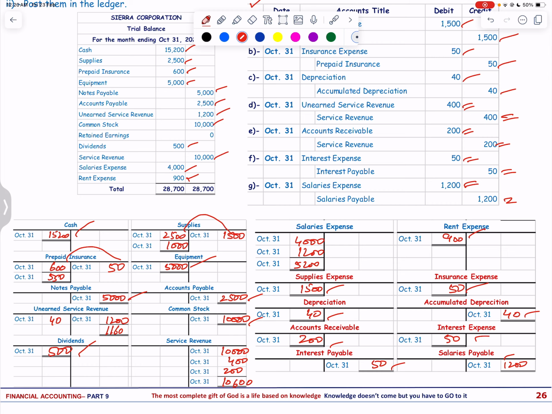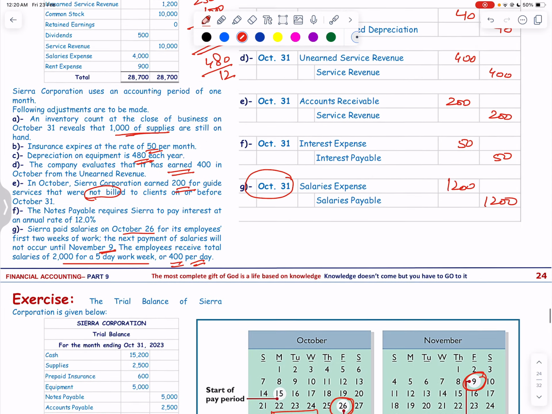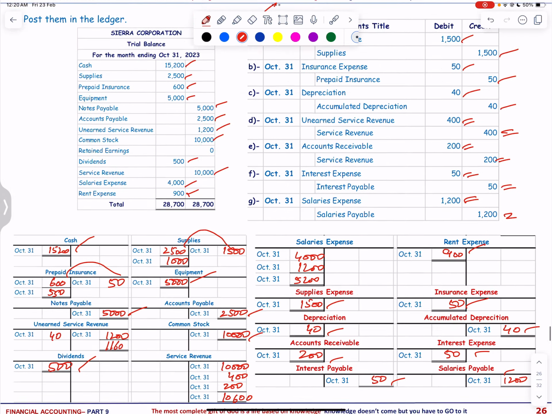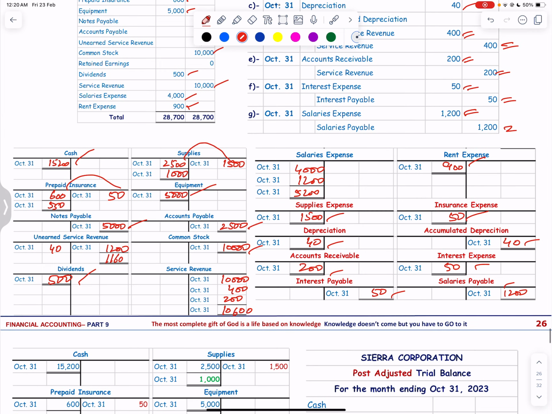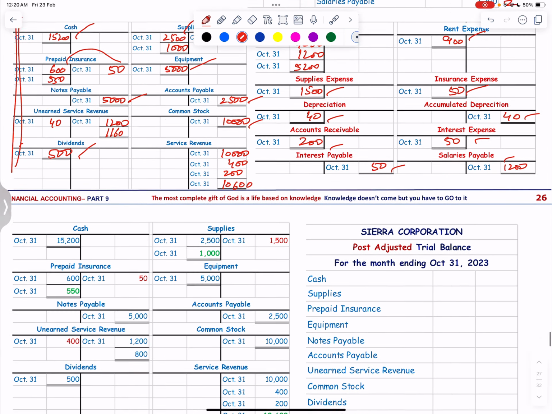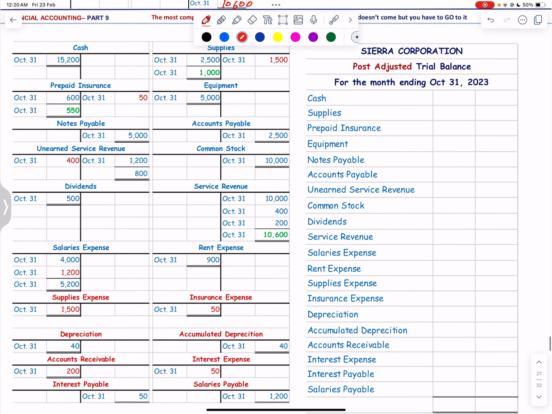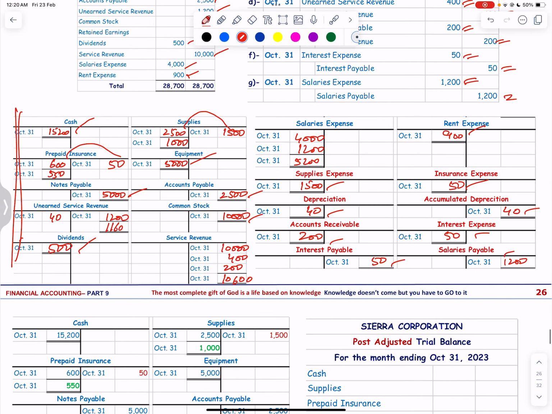And once we have made the ledger, what is next they are asking for? So we have posted them in the ledger, and we have to prepare the post adjusted trial balance. So these T accounts, I have already put them in a table. You can see on the left hand side all the T accounts that we have made here.